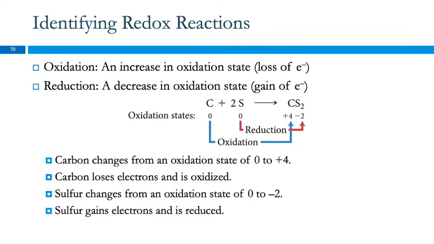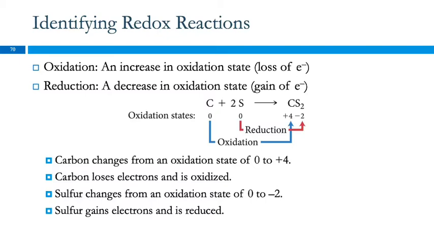So identifying redox reactions. We talked about OIL RIG. Oxidation is loss of electrons. Reduction is gain of electrons. We can also talk about that in terms of the oxidation state. Oxidation is an increase in the oxidation state. How does the oxidation state increase?